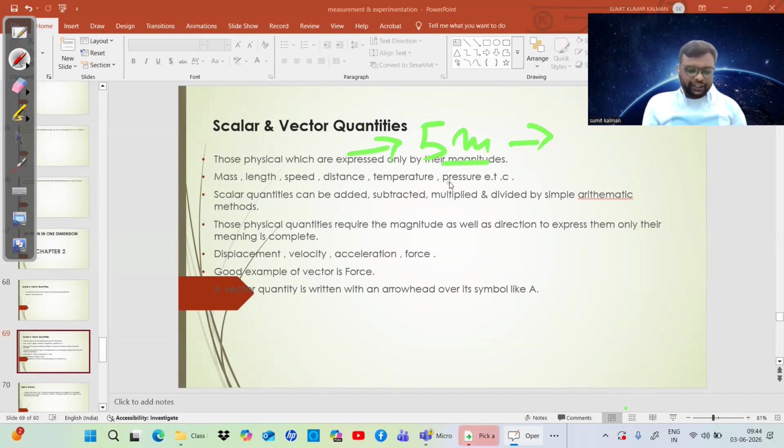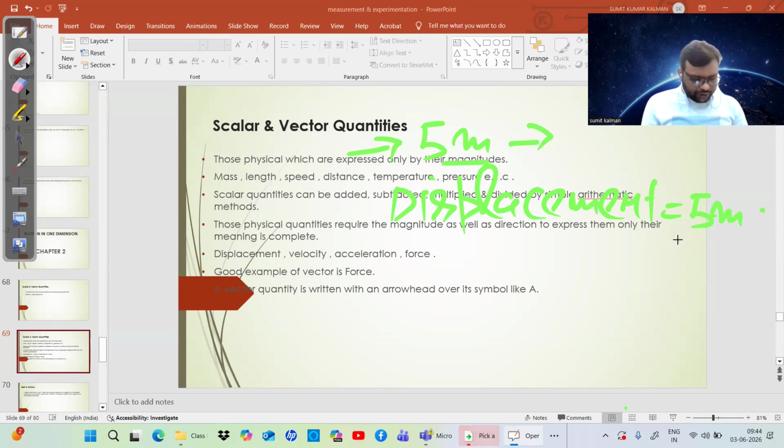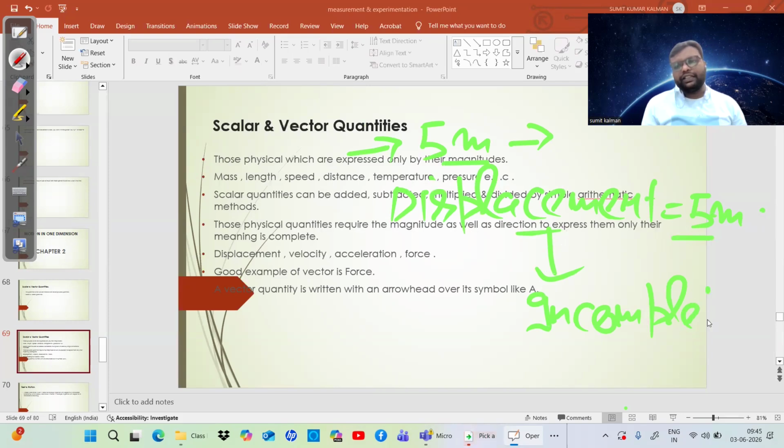Now the first question arises: in which direction will we displace this particle? If I say the displacement is 5 meter, its meaning is incomplete.